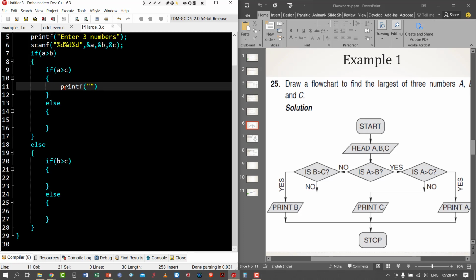So I write percentage D is largest. In place of percentage D, I have to print A, so I give comma A.